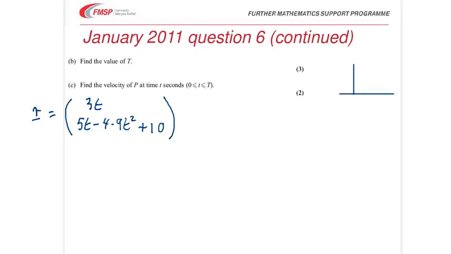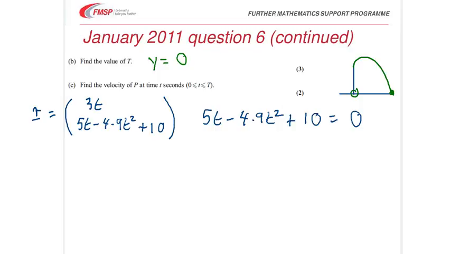Remember, what we've got is a situation like this, with the projectile going like that and hitting the ground there, and that's the origin. So y is 0. That means 5t minus 4.9t squared plus 10 equals 0, and you've just got to solve that quadratic.